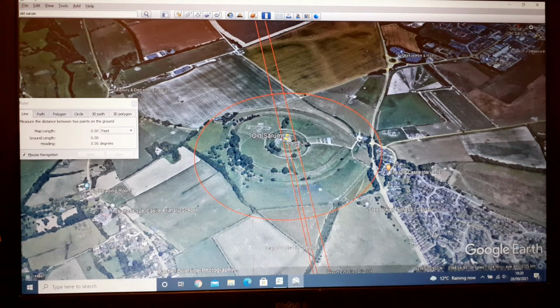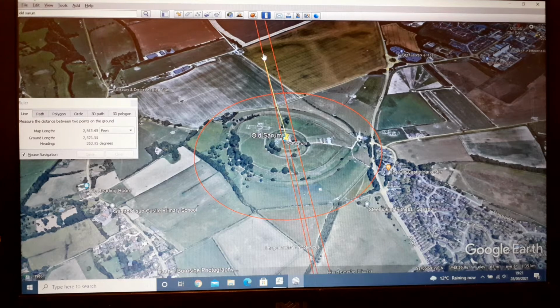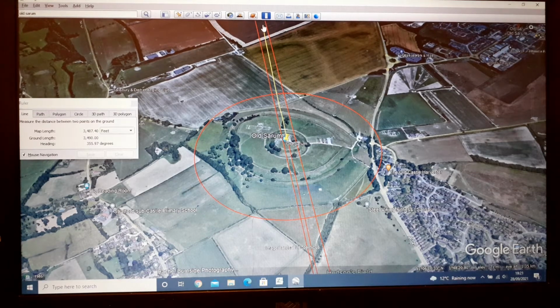So I'm going to go there as the centre of Old Sarum as an estimate. You can see that it's pretty reasonable. If I was going to be super accurate, I'd start from the well, because I think that is the centre of Old Sarum, the ancient well. Oh, I've made a mistake already. Place that back there.